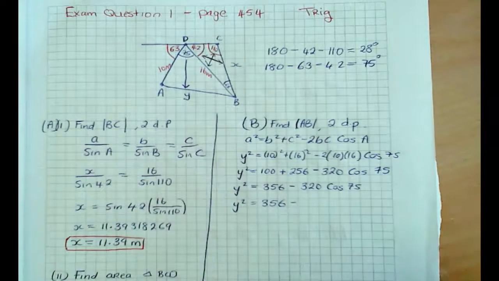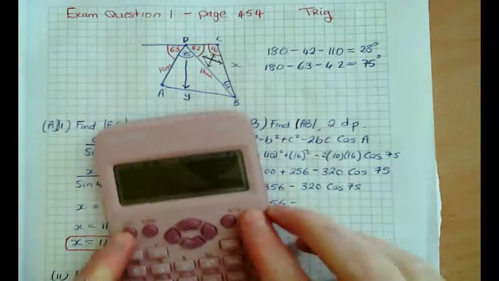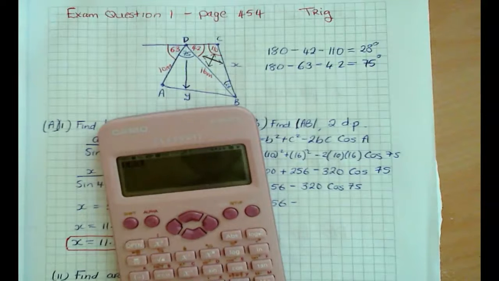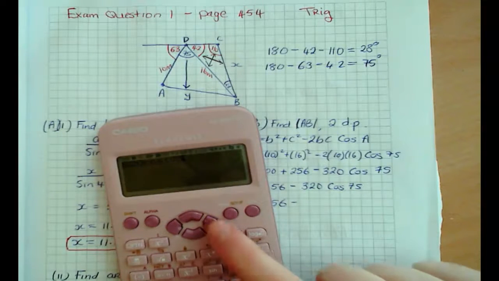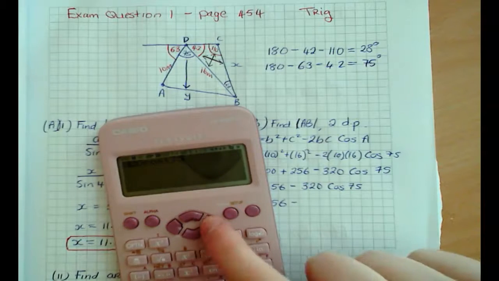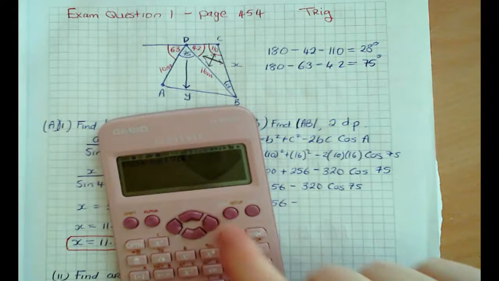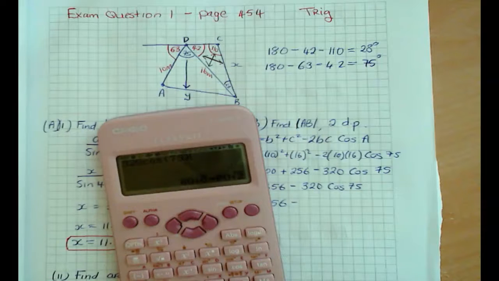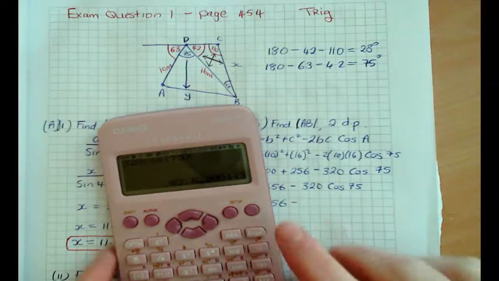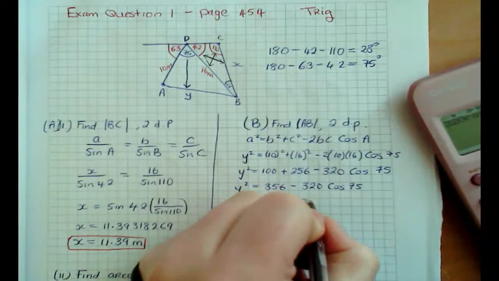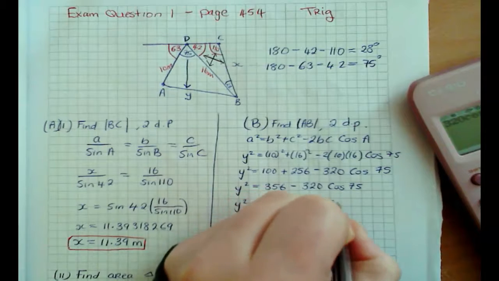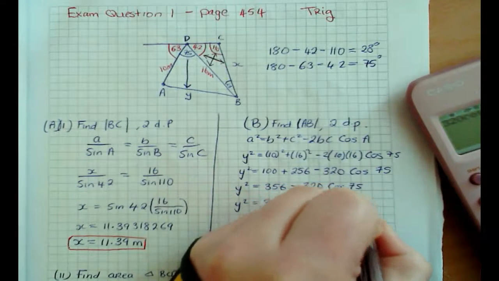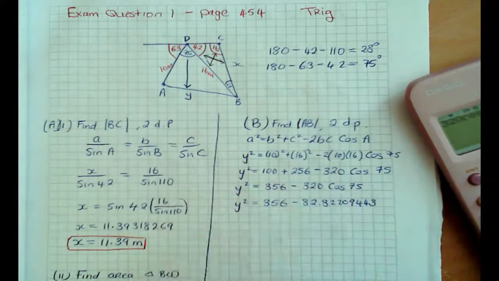Again, lads, I'm only doing one step at a time. Minus 320 cos 75 is equal to, I'll hit the S to D button, 82.822094443.